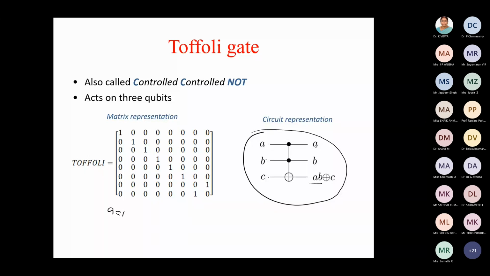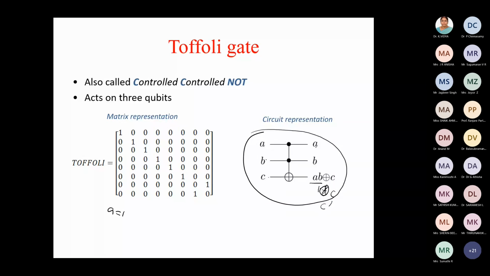So when both A and B are 1, then what will happen? It will be 1 plus C, and it will become C dash because XORing with 1 will complement it. So whenever both A and B are 1, only then it will complement it.